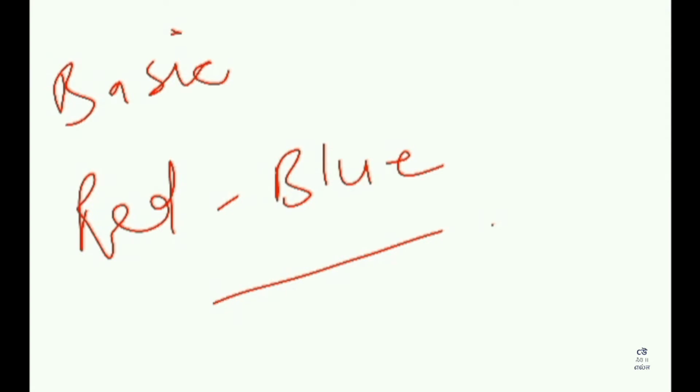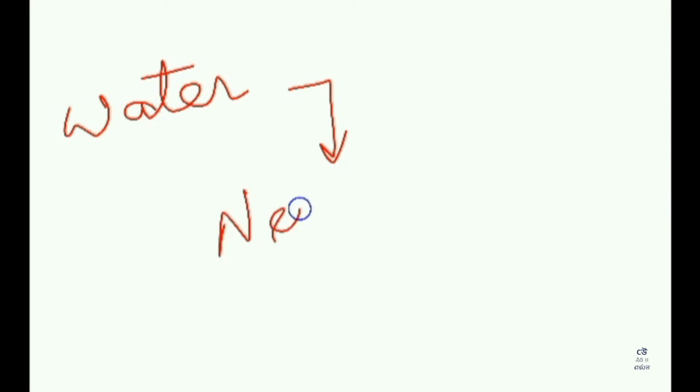And lastly, the solution of the test tube which will not change into either the red or the blue color will indicate that the solution has water in it, and water is neutral in its nature. Okay बच्चों, so this is how with the help of a litmus paper we can identify whether a solution is acidic in nature or basic in nature or it is neutral in nature.